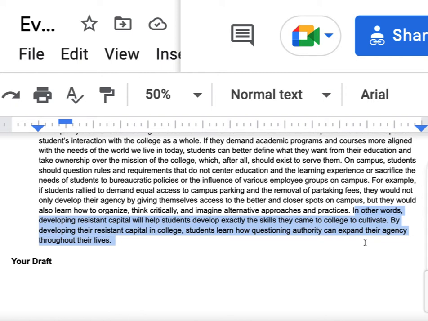In other words, developing resistant capital will help students develop exactly the skills they came to college to cultivate. By developing their resistant capital in college, students learn how questioning authority can expand their agency throughout their lives. So there we go.